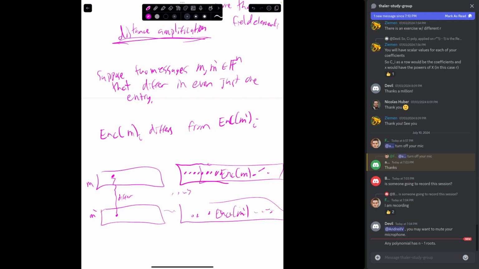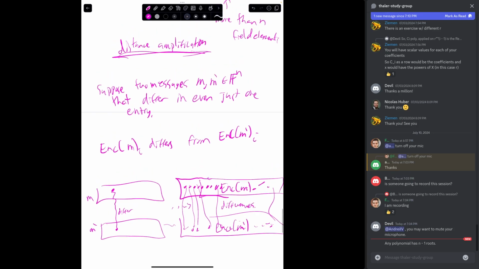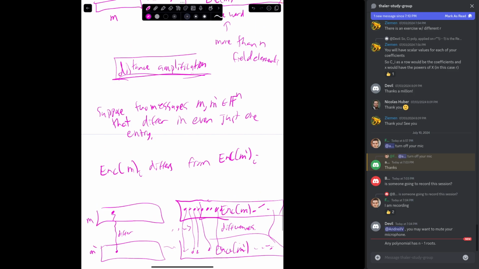A large fraction of the entries of the encodings differ. All of these dots I drew are differences. So that's what SNARKs need, this distance amplification property.